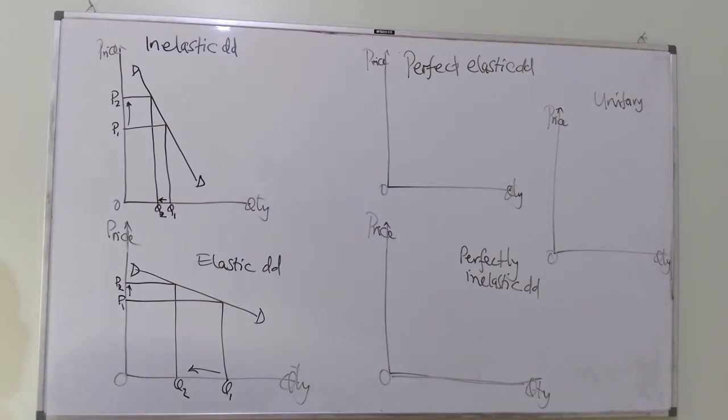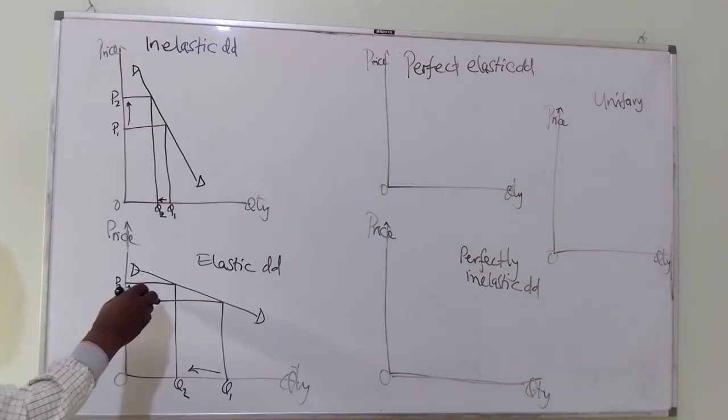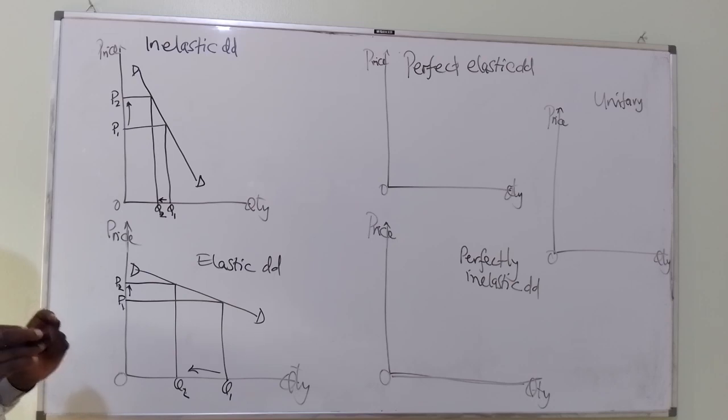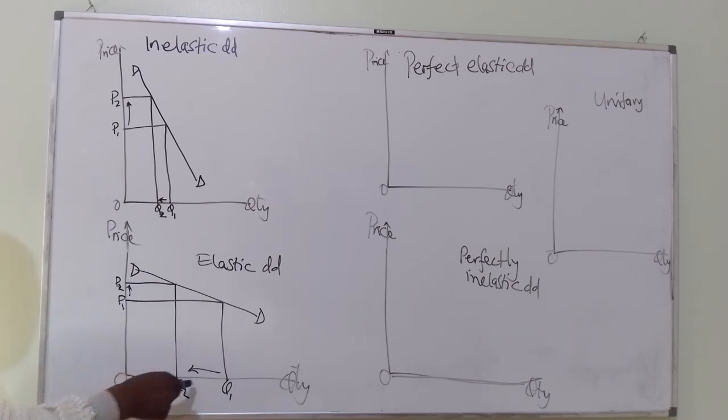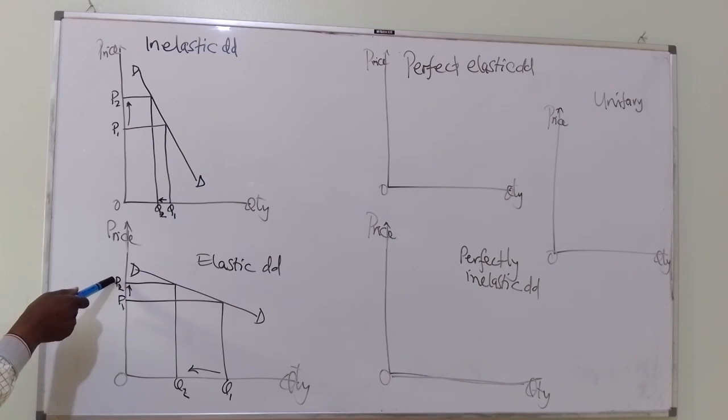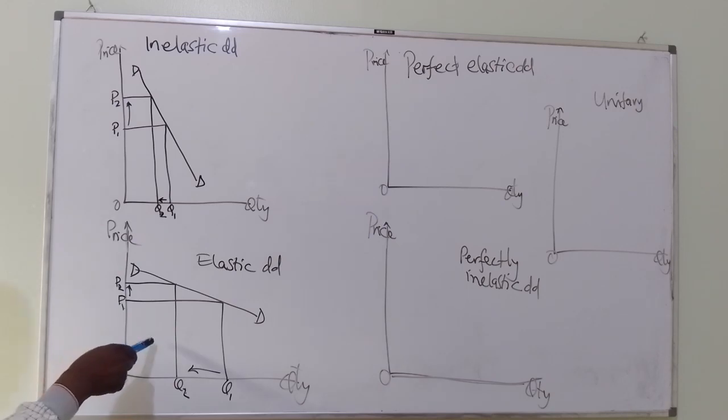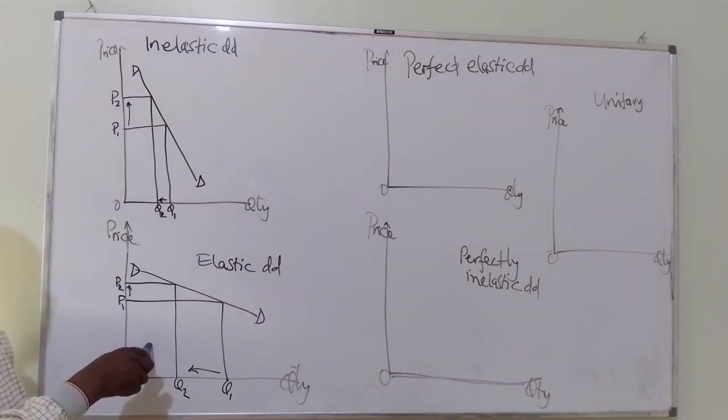So this means that it is elastic demand, where you don't play around with the price. The moment you change the price slightly, you are likely to have a very big change in quantity demanded. In the same way, if the price has been at P1 and you reduce it a bit, you are going to get a very big increase in the quantity demanded. That one we call elastic demand. So we say this one is greater than 1.